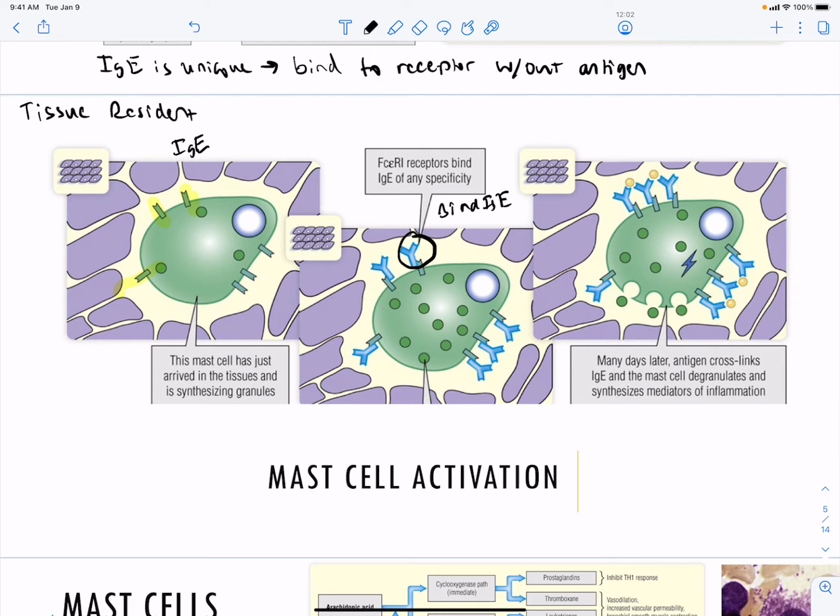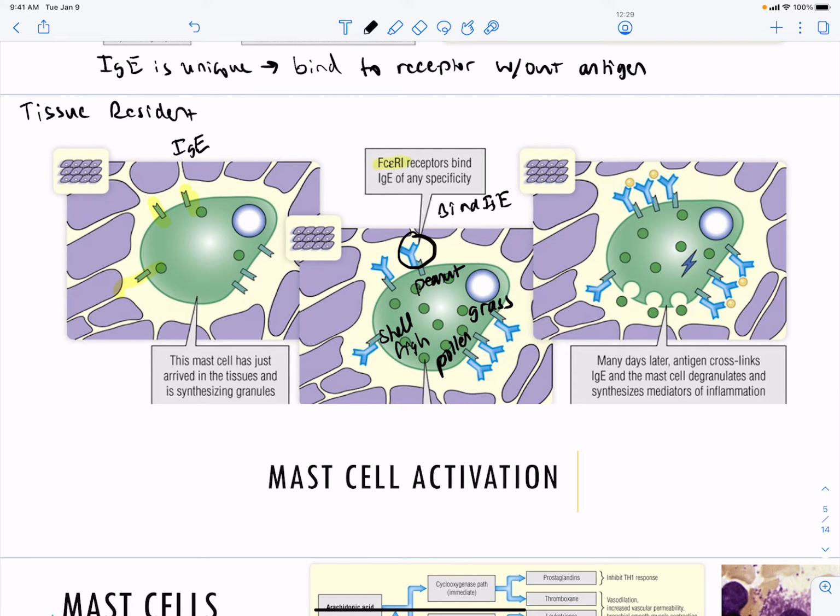So we can, for example, have peanut IgE, shellfish IgE, grass IgE, pollen IgE. And they'll all be bound to the receptor, which is an Fc epsilon, for E, receptor 1.